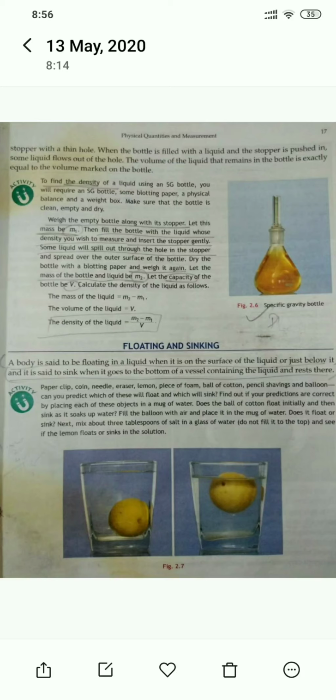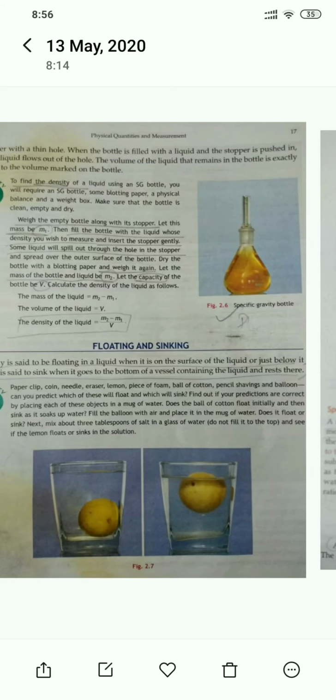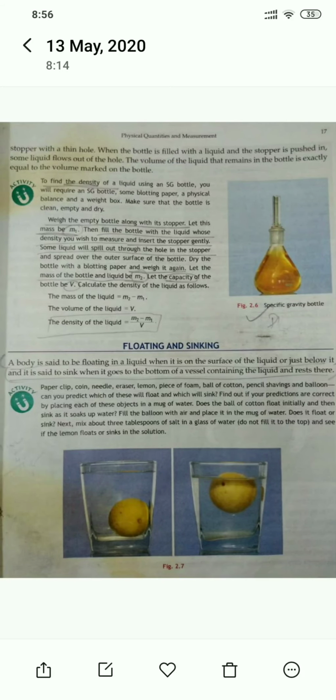There is an activity where you use various things and drop them in water and see which one floats and which does not. You can even try it at home: paper clip, coin, needle, eraser, lemon, piece of foam, ball of cotton, pencil shavings, balloon, etc.